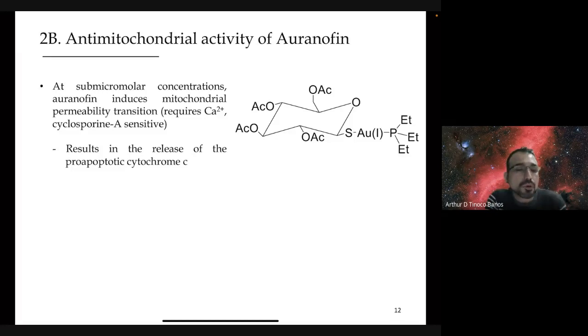At submicromolar concentrations, auranofin induces mitochondrial permeability transition. So what does that actually mean?